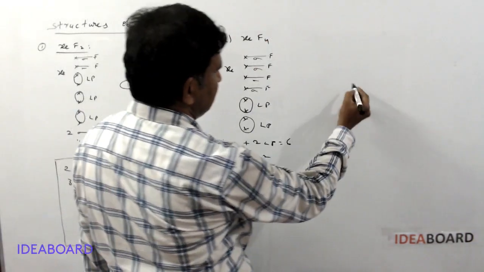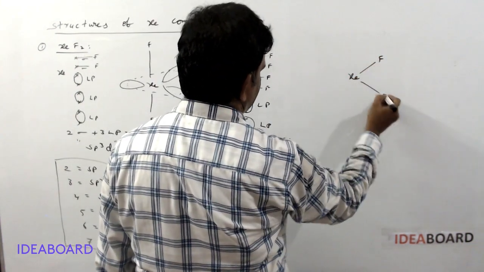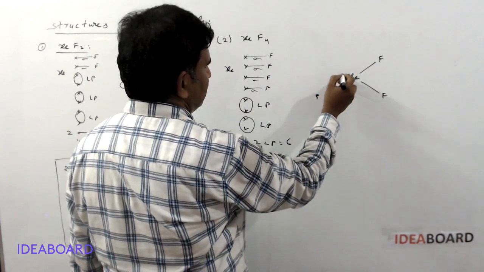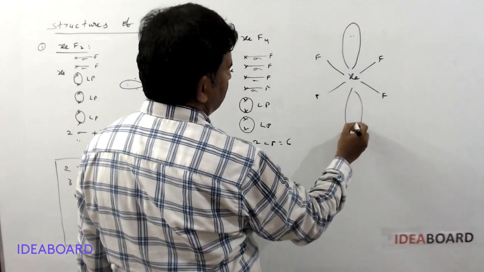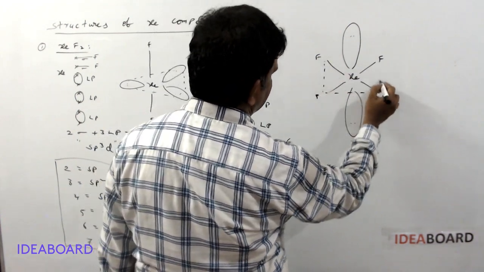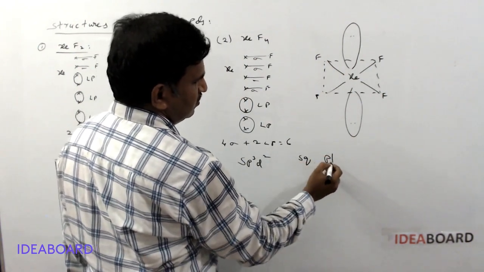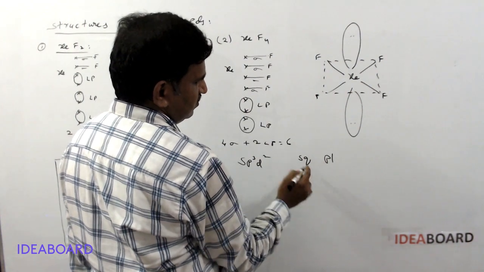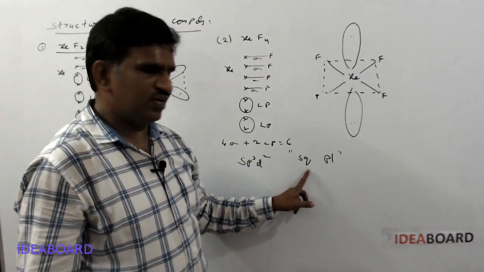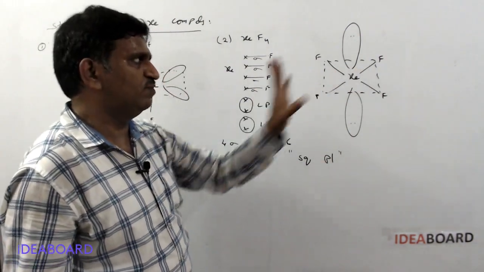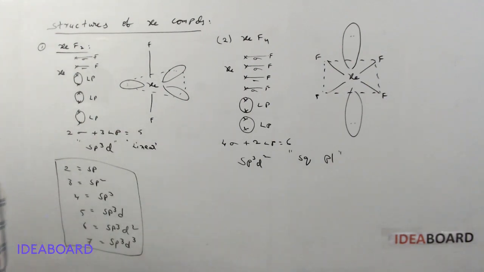But here the XeF4 molecule has two lone pairs: there is one lone pair above the plane and another lone pair below the plane, and the four fluorines are present in one plane, and the structure is called square planar. The structure is known as square planar shape. Square, SQ means square, PL means planar, a square planar shaped molecule. Okay, this is XeF2, XeF4.